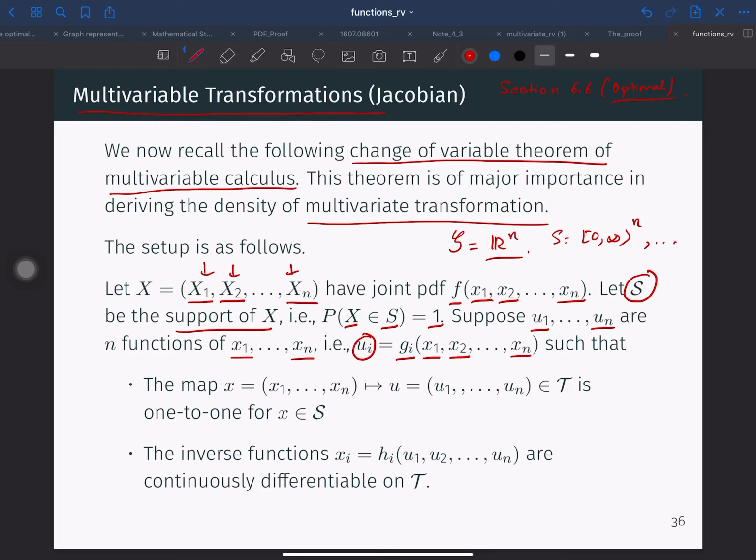And now we want this collection of u to satisfy the following properties. The first property is that the mapping from x, which belongs to the set S, to the collection u, which is now u1, u2 up to un, belonging to subset T, is one to one. So it's an injective map.